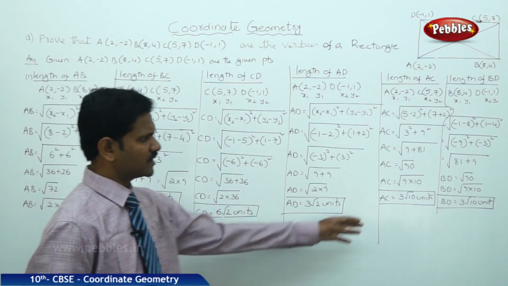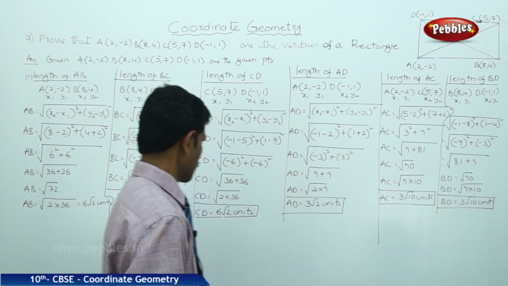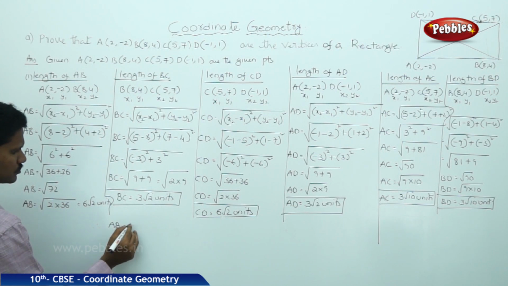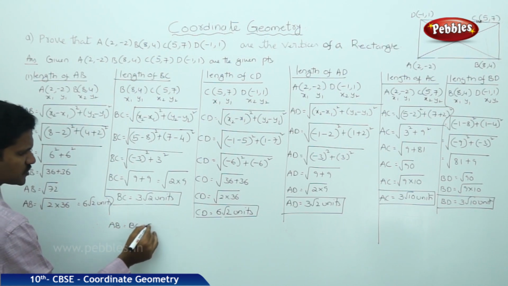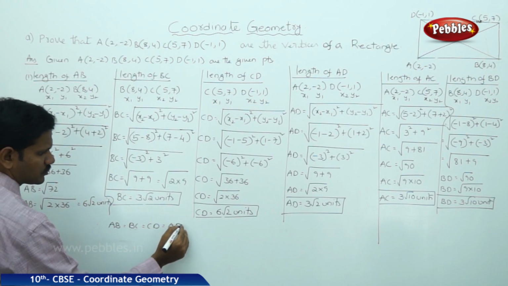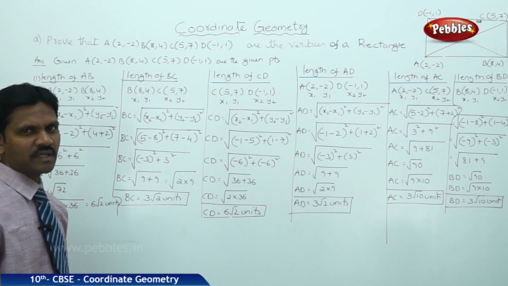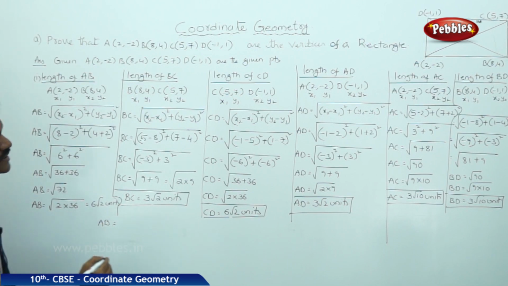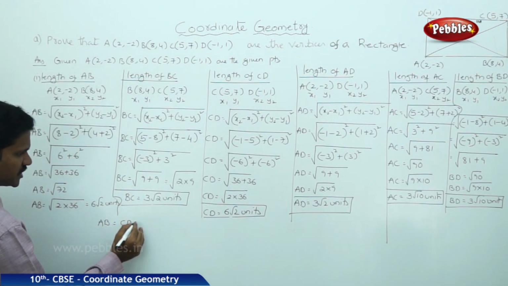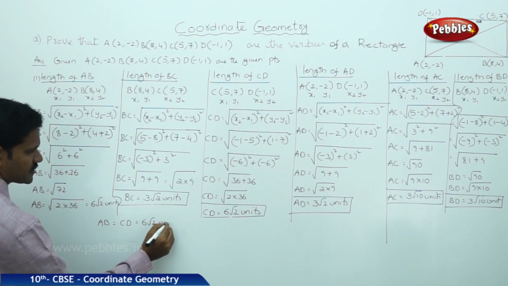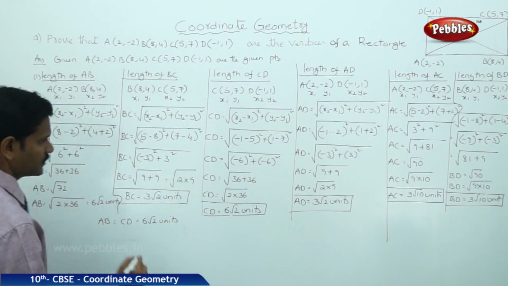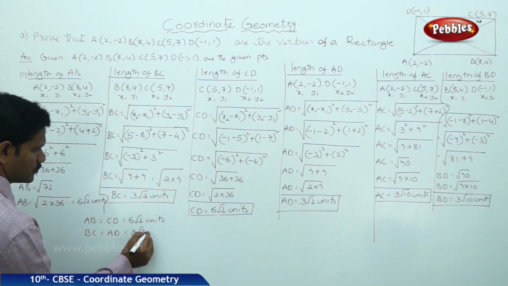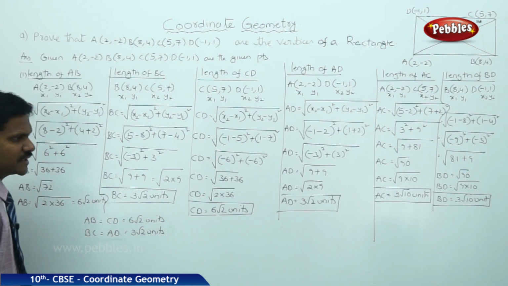Therefore, the diagonals are also equal. Therefore, we conclude from the given question that the opposite sides AB is equal to CD is equal to 6 root 2 units, and one more pair BC is equal to AD is equal to 3 root 2 units.